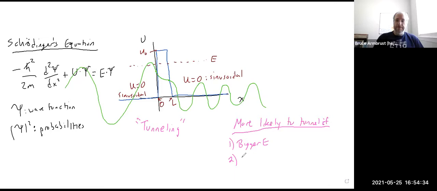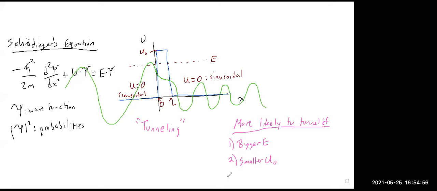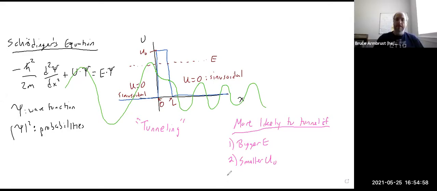How about this? What if we have smaller U naught? Meaning, what if that barrier's not as tall? Does that make sense? Right? So if U naught is smaller, we're going to be more likely to make it through.